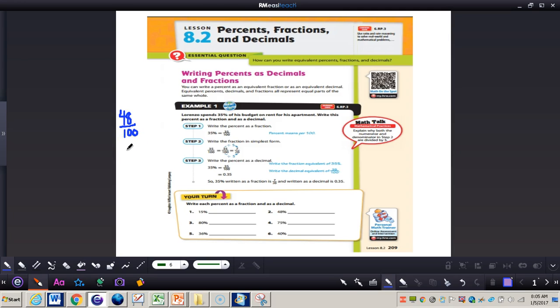So 48 hundredths, but we need to simplify this, and I can divide both 48 and 100. Greatest common factor is 4. 48 divided by 4 is 12. 100 divided by 4 is 25. So 12/25 written as a fraction. I'll just keep it over there. A little tricky to write it on that line.